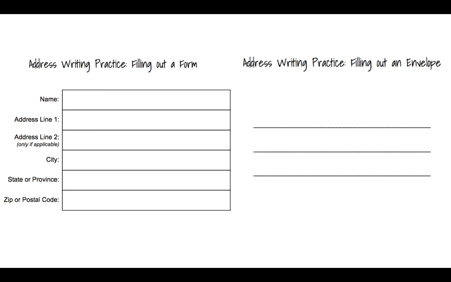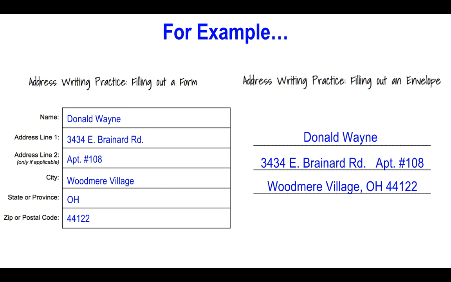Here's a screenshot of the practice document you're going to be filling out. It is probably a good idea to use a pencil for this since you may need to erase some errors as we go along here. Here is a filled out example that you might want to refer back to as you're filling out your own practice document. Remember, every single capital letter and punctuation contributes to it being correct or incorrect.